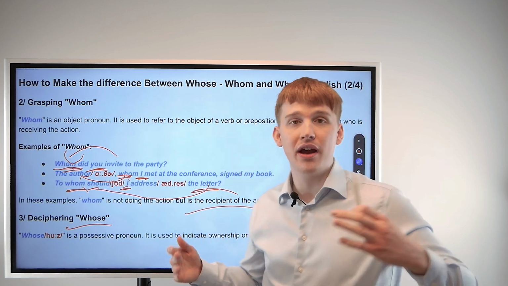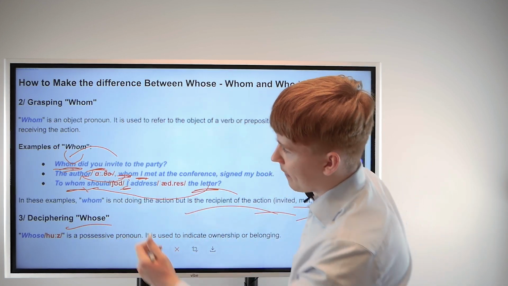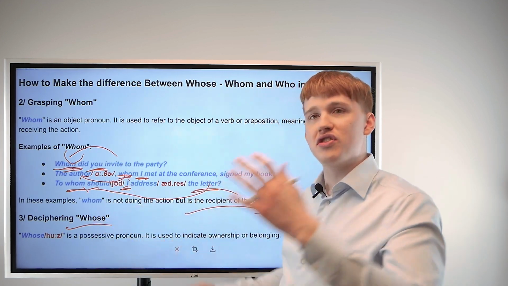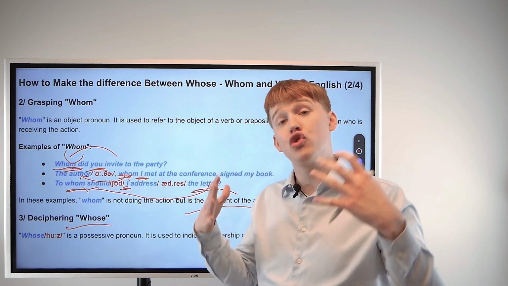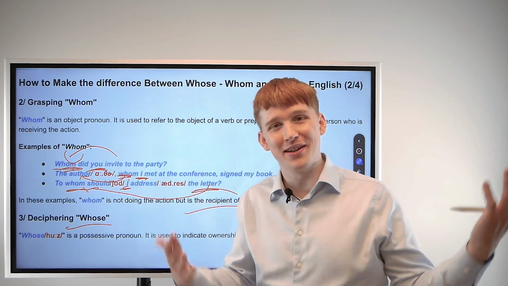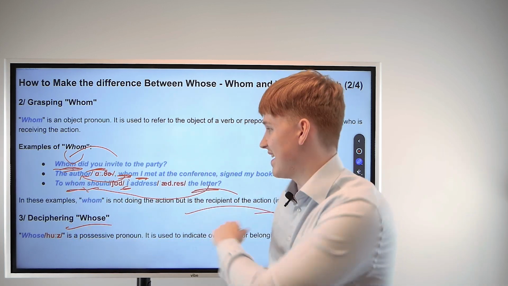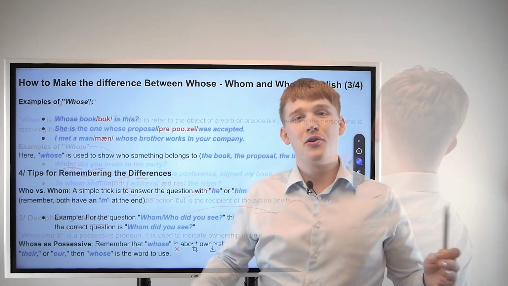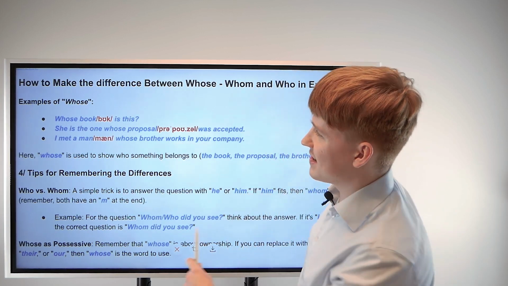So this is how we ask who owns that thing. So we might say, whose car is this? So we're going to ask about who owns this car, but a better way of saying that is whose car is this? Fabulous. So here are some examples of whose in sentences.